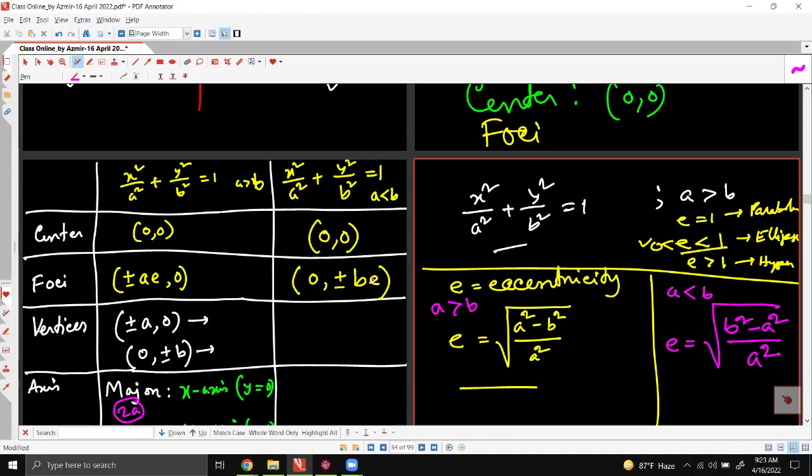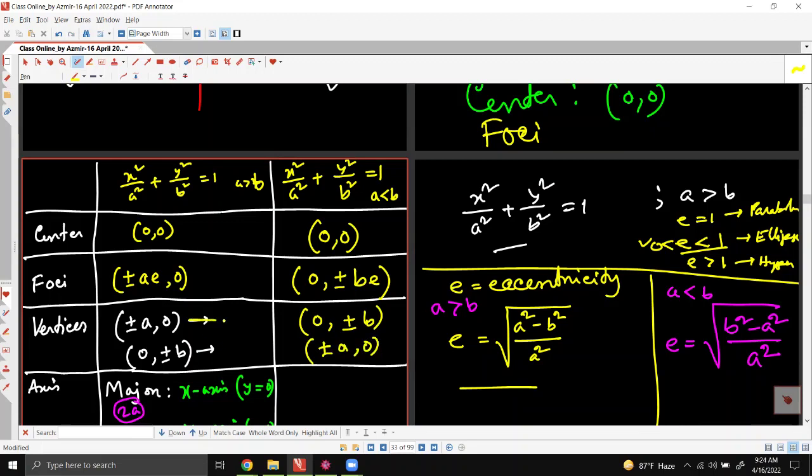If we have e, then we can multiply with b, you will get be. So 0 comma be and 0 comma minus be are the foci. Now we can write the vertices. So the vertices will be 0 comma plus minus b and plus minus a comma 0.